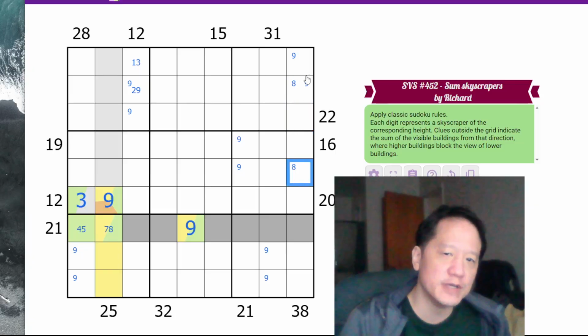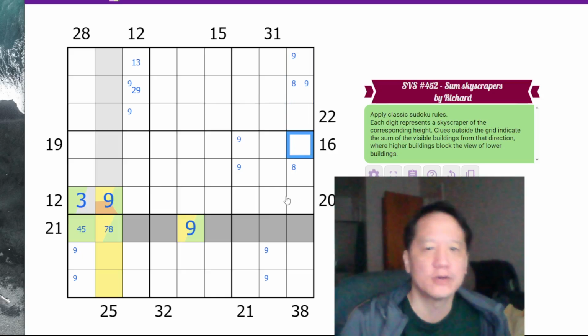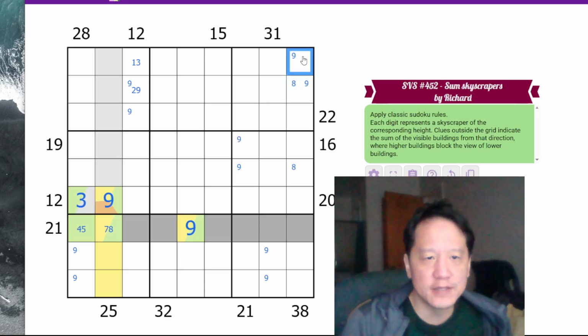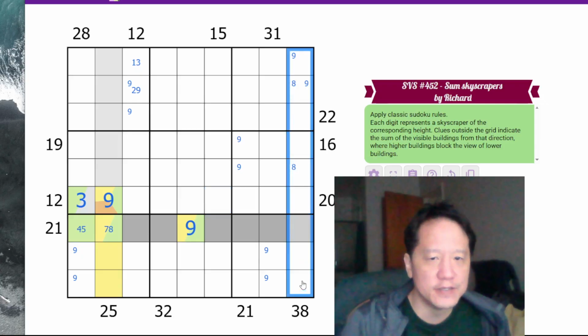And then this would be 8 and 9, or 8 and 9 with 1, 2, 4 here. So either this is 8 and that's 9, or this is 8 with 9 being one of these, and then 1, 2, 4 remaining here. So we're guaranteed to see an 8 in this column.